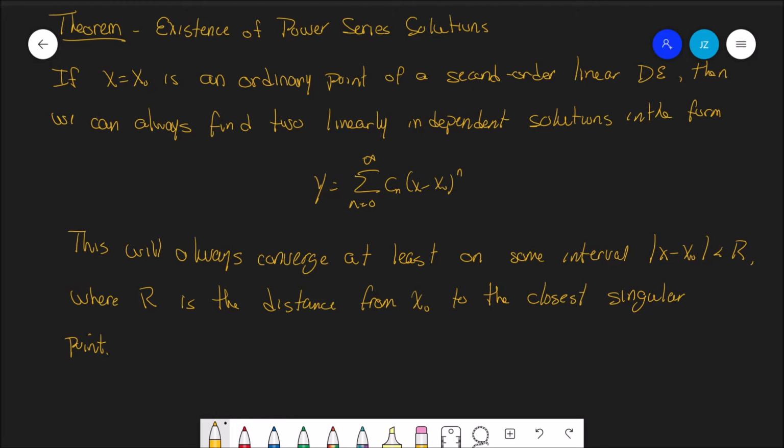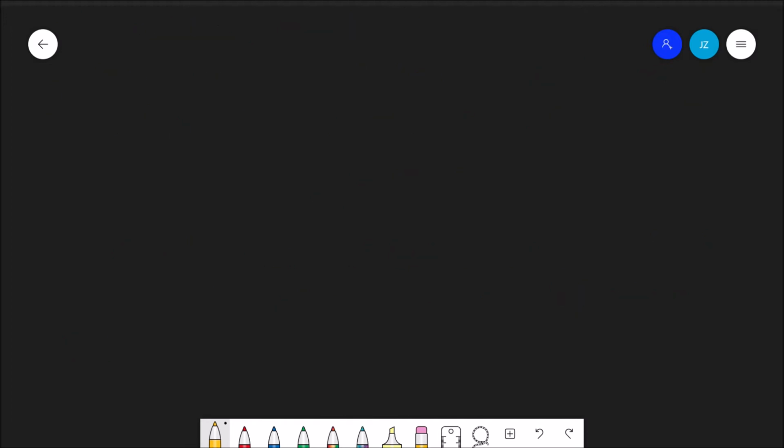We will now spend the rest of this lesson looking at two examples. I warn you, finding power series solutions is a very long and tedious process, as we are about to find out. So let's first look at the differential equation.